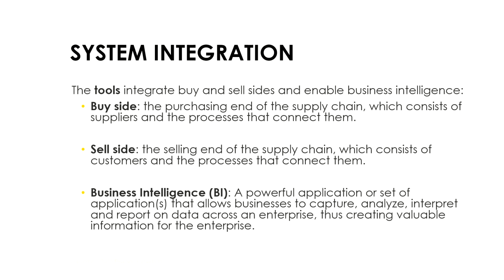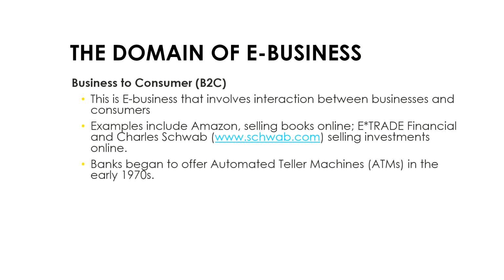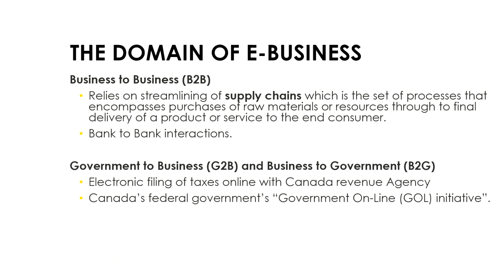Now, look at domains. We look at B2C, business to consumer. This is e-business that involves interaction between businesses and consumers. Certainly Amazon stands out, or even ATM machines. The other domains are B2B and G2B.